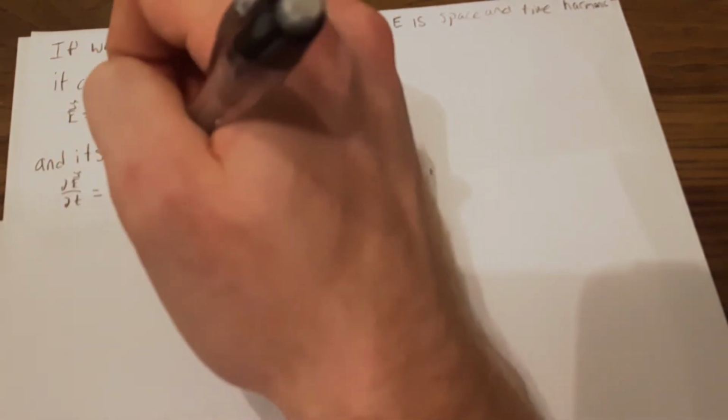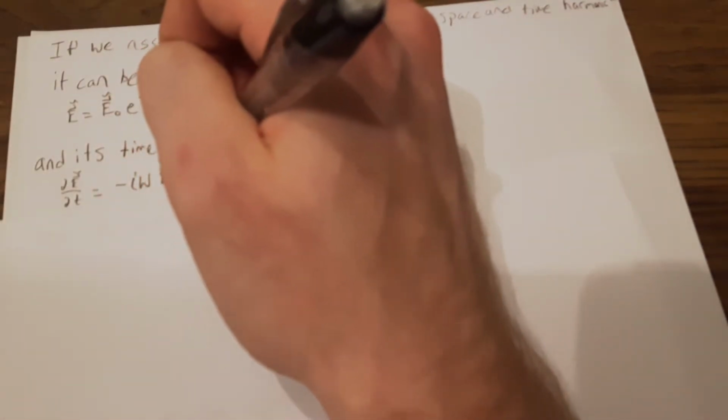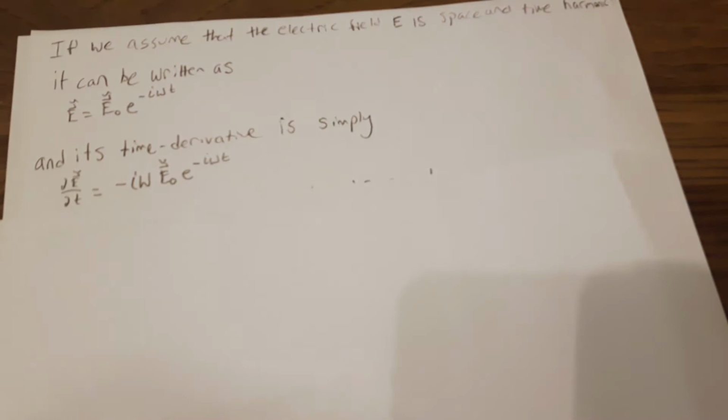We then want to find its derivative, and this becomes very easy because it's an exponential. So the derivative is equal to negative i omega times the complex amplitude of the electric field times that exponential.